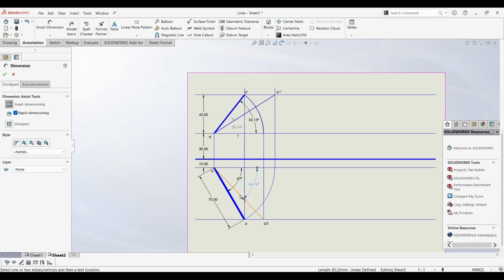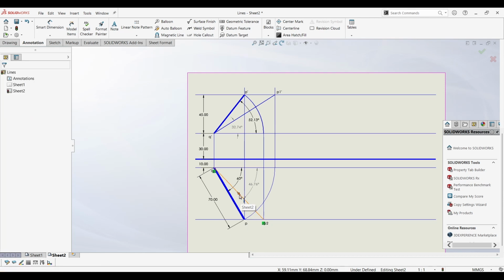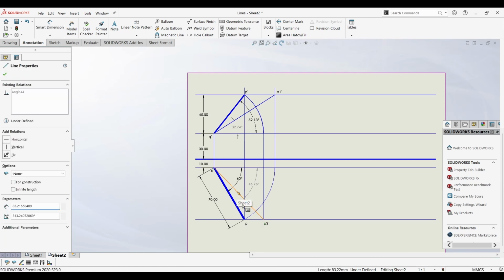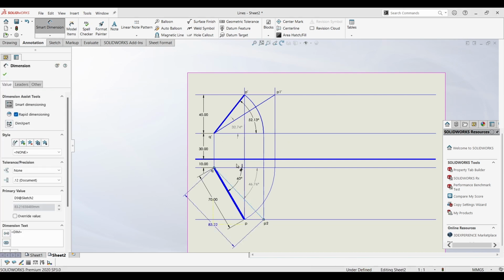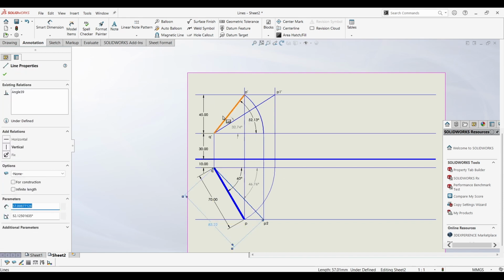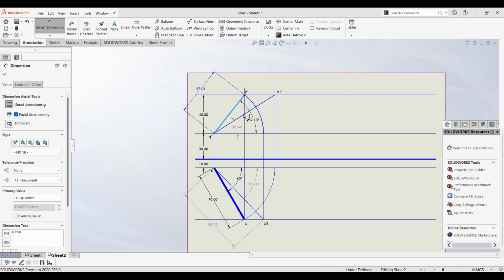How do I do that? I select this line and get it. It is 83.22 mm, and the above line too, I get this as 57.01 mm.